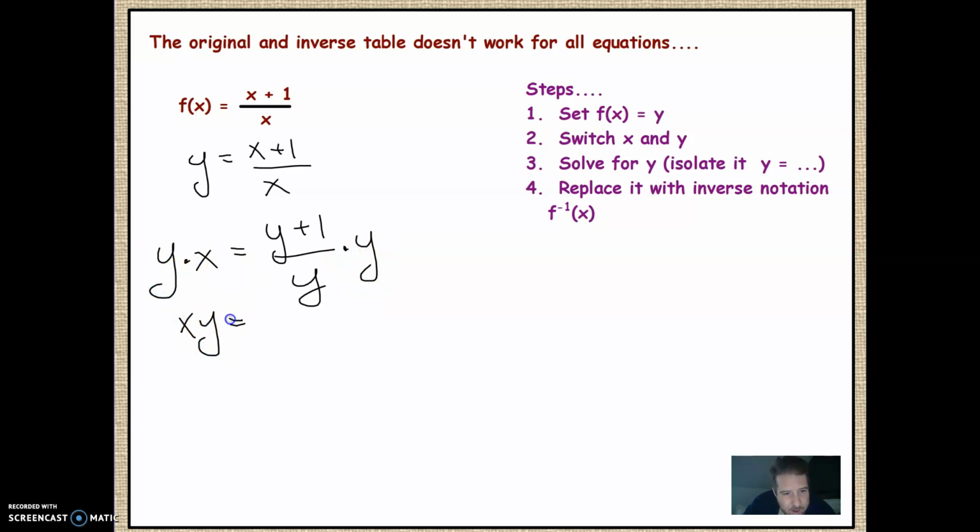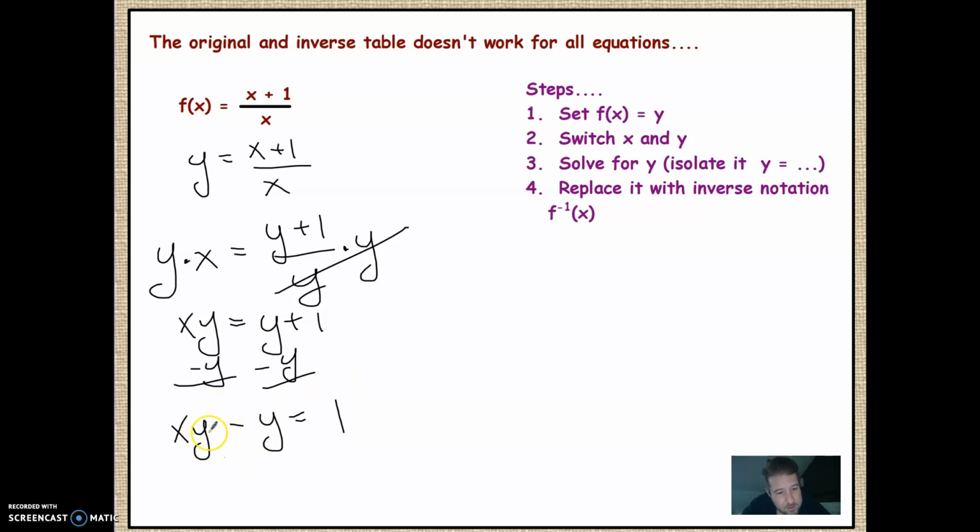So that gives me xy equals y plus 1 because these y's canceled. Next thing I'm going to do is subtract y from both sides. So I now have xy minus y equals 1. My next step is to factor out the y. So this becomes y times x minus 1 equals 1.